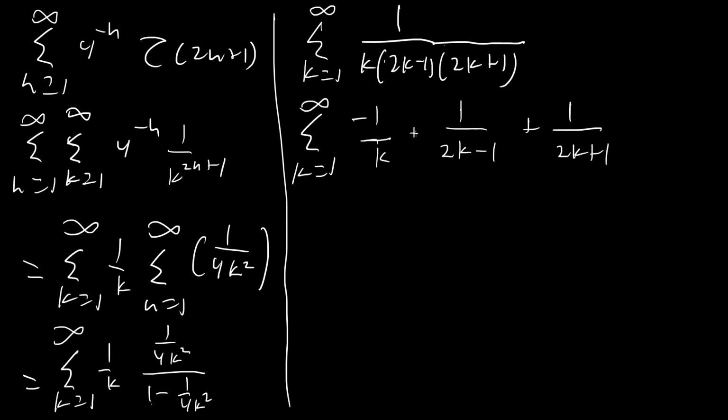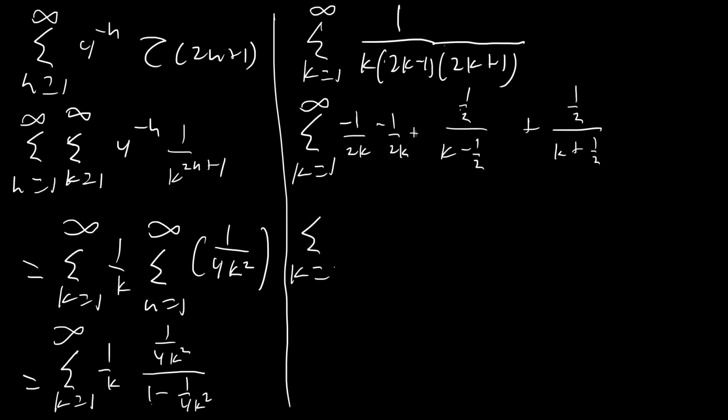So after doing partial fractions, this is what we'll end up with. And then I'm just going to split this up into negative 1/2 over k minus 1/2 over k. And now we can split this into two different convergent sums. That's a mistake I made in a previous video. I split something into two separate divergent sums and then added them together, but in this case they're going to remain convergent, so it'll be okay.